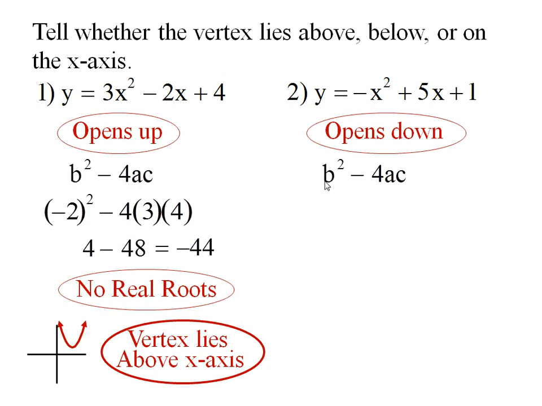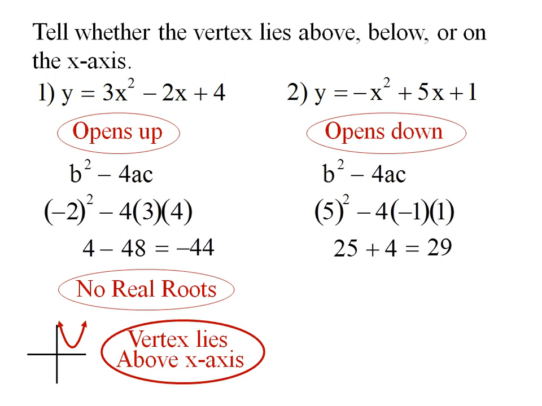So substitute in 5 for b, substitute in -1 for a, and substitute in 1 for c. And so you end up with 25. And remember, a negative times a negative is a positive, and 4 times 1 is 4. So you end up with 25 plus 4, which tells me that my discriminant is equal to 29.